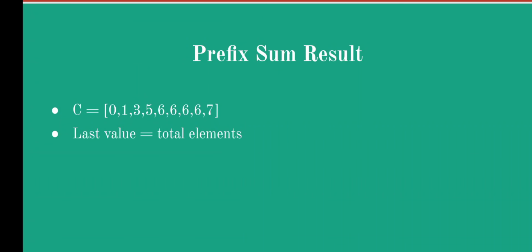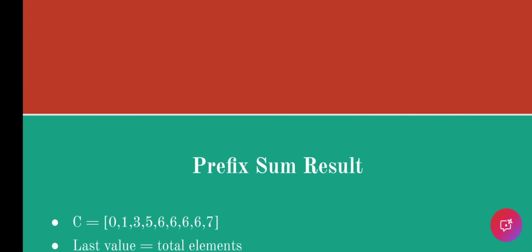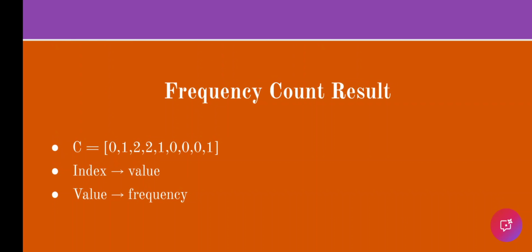The prefix result comes like 0, 1, 3, 5, and then after that we are having 4 times 6, and then we are having 7. So what does it mean? First is 0. 0 means that there are 0 elements that are less than 0.